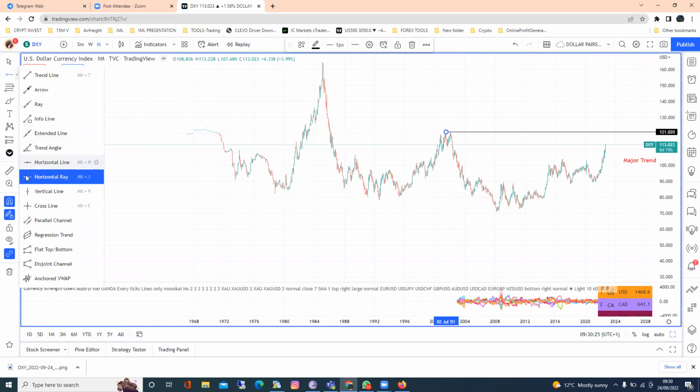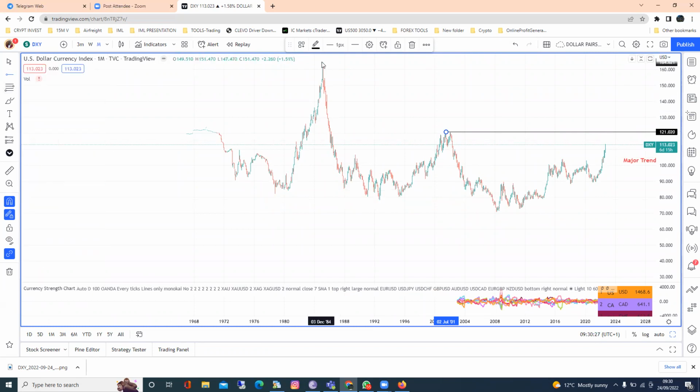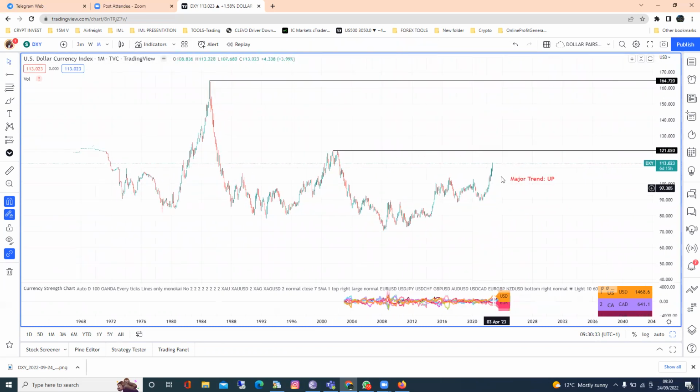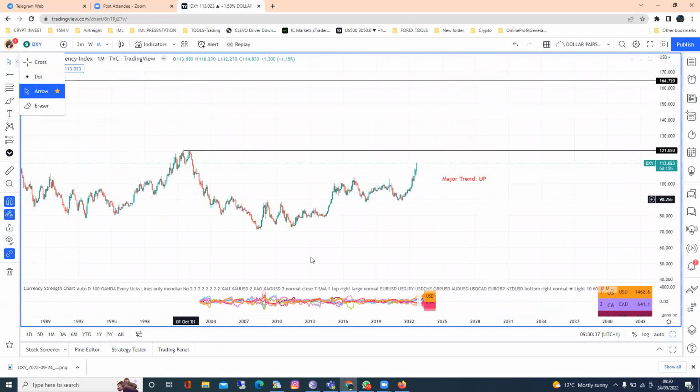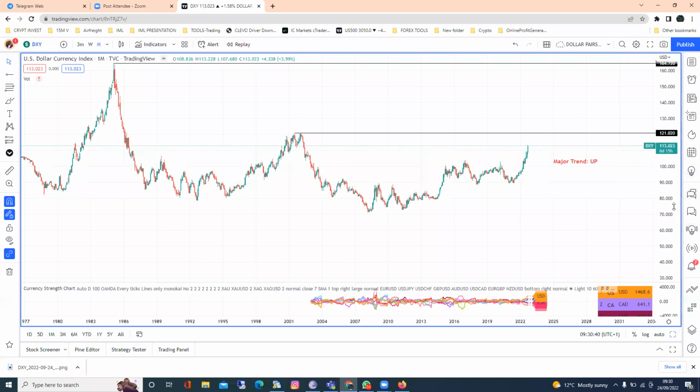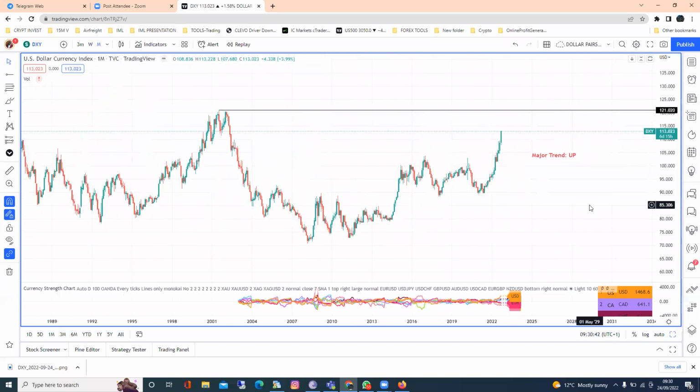And there's still another highest point over here, so this price can then find a reason to continue upward. So dollar, as you can see, is in an upward trend, and every single trade that you want to trade should be in that direction of dollar, until something happens, which is what we're going to discuss.